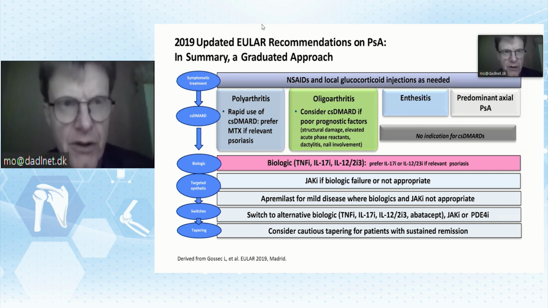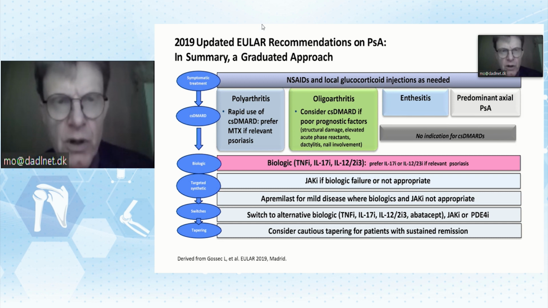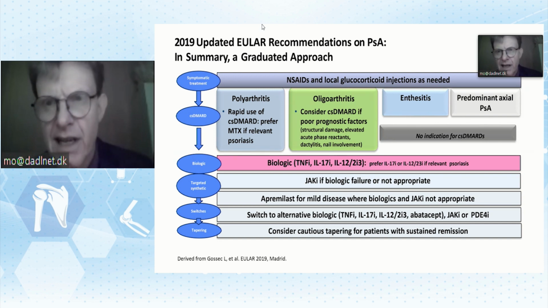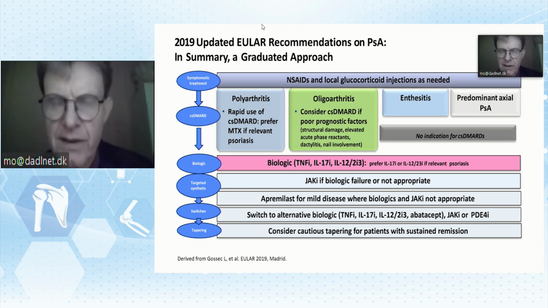If it's polyarthritis, then you should rapidly use a conventional synthetic DMARD, and methotrexate is particularly preferred if there's psoriasis. If it's oligoarthritis, then you can consider using conventional DMARDs. If there's enthesitis or predominantly axial PsA, then there's no indication for conventional DMARDs. There's no proof that it works, as also stated in the GRAPPA guidelines.